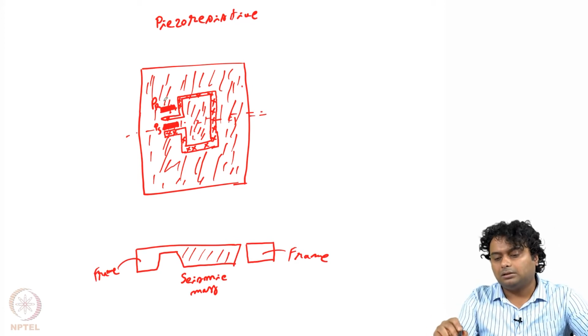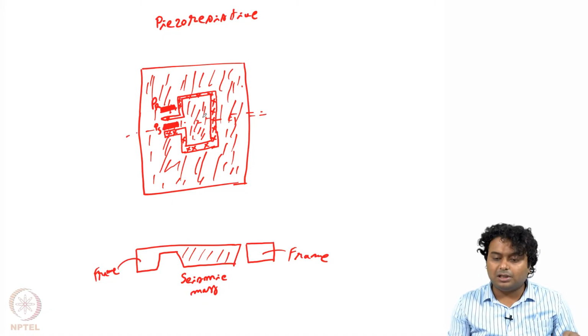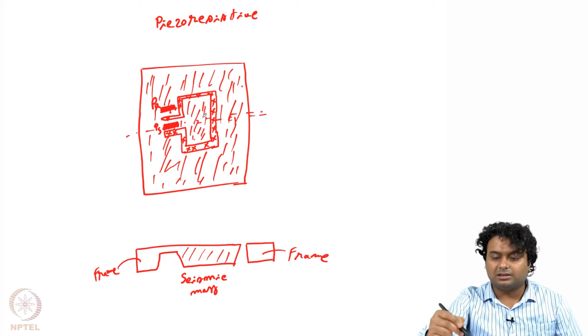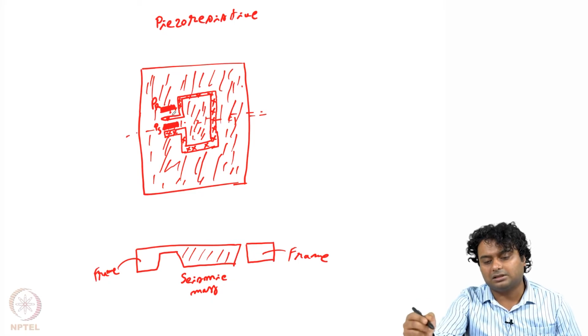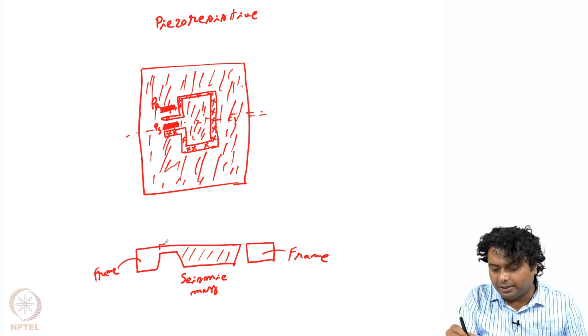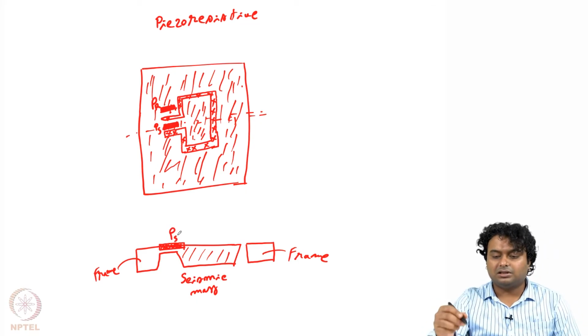Initially, while the membrane is not deflecting, PR and PS will have the same resistance, both are at the same position, and let us say they are fabricated similarly, so both are of the same resistance. So here I will draw the PS. This is the sensing piezoresistor PS, and this is the reference.